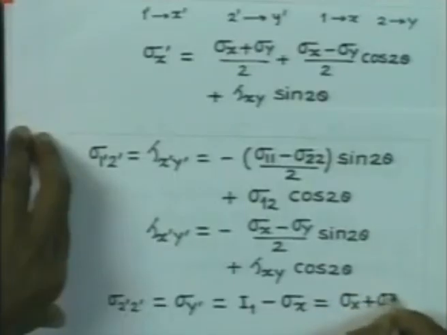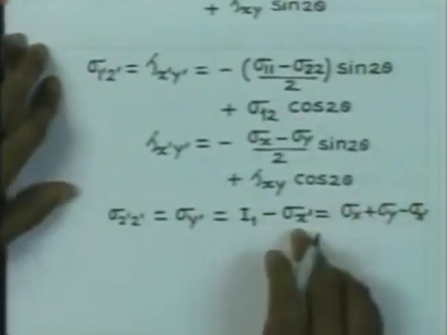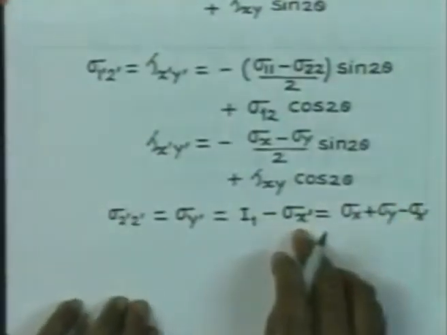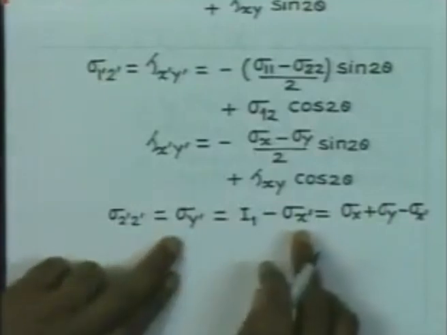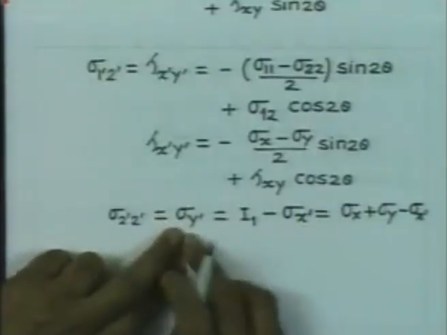and this is nothing but sigma x plus sigma y, this is sigma x dash plus sigma y dash. The stress invariants are the same. So, therefore, we can make use of the fact that sigma x dash plus sigma y dash equals I1, and that gives this.